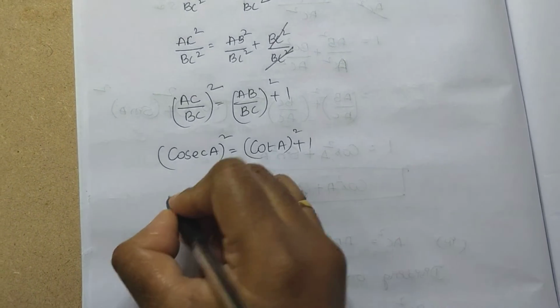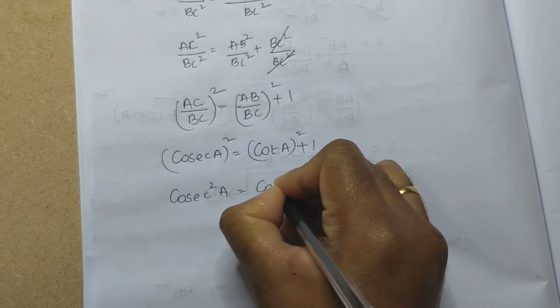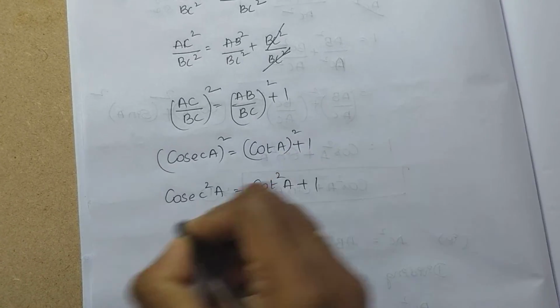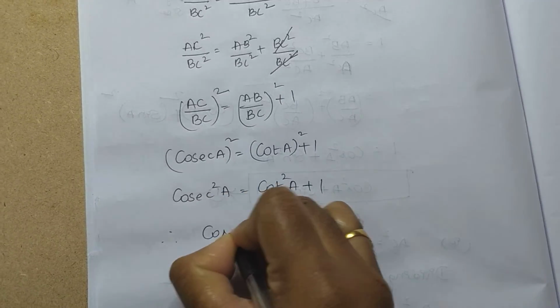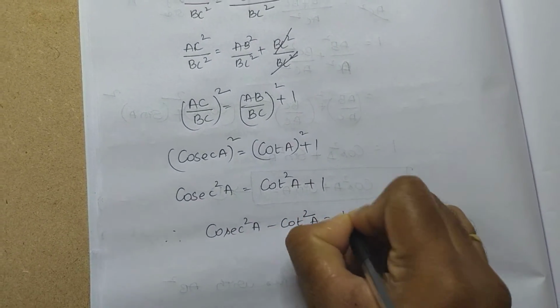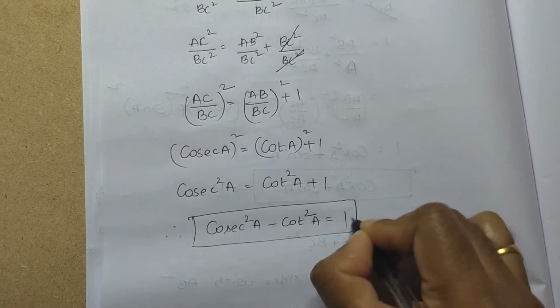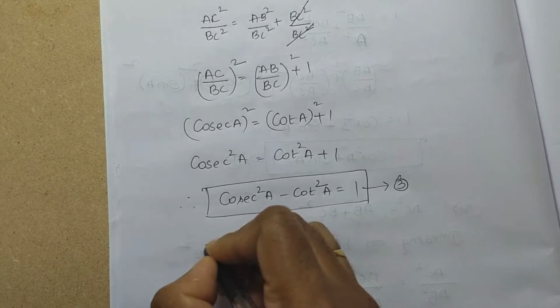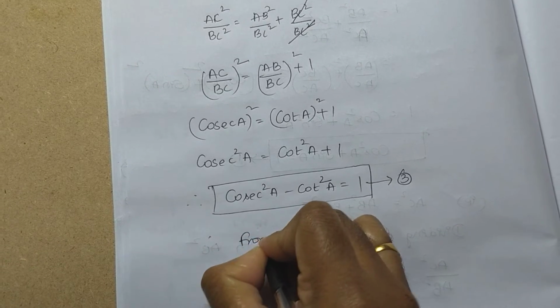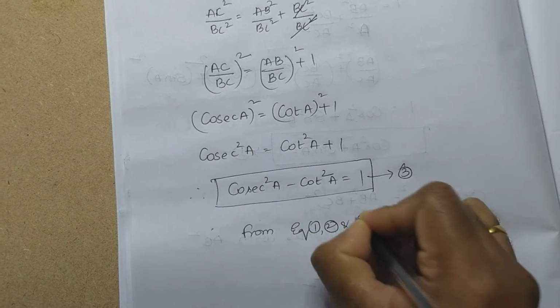So this can be written as cosecant square A equals cot square A plus 1. Therefore, cosecant square A minus cot square A equals 1. This is the third trigonometric identity. Therefore, from equations 1, 2 and 3, what can we write?